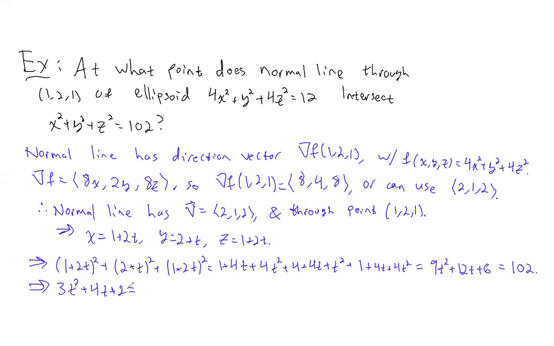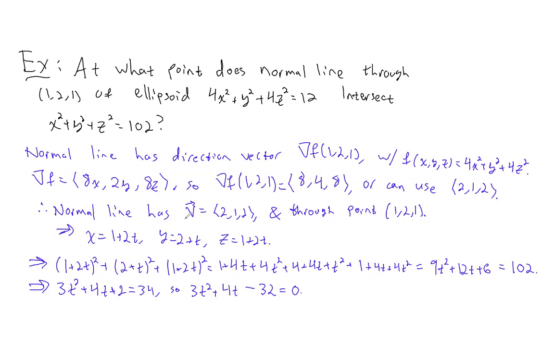Yeah, that is right, 34. So you can re-express this by saying this is 3t squared plus 4t minus 32 equals 0. As you're doing this, we now just need to work out what t is.